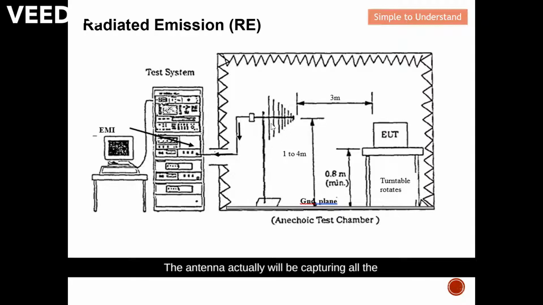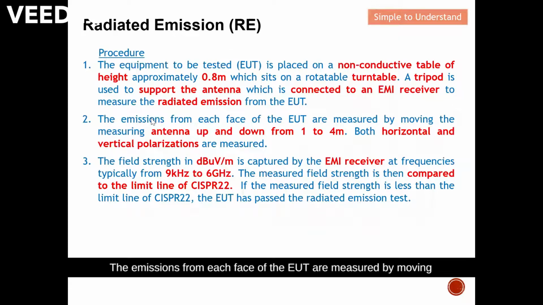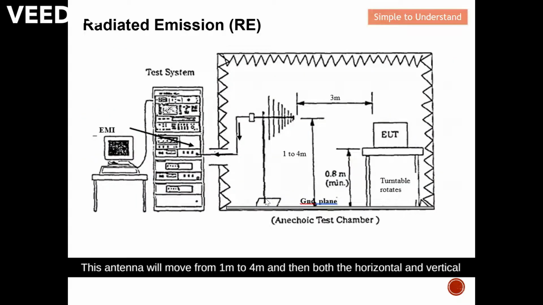So the antenna will be capturing all the electromagnetic wave that is released from the DUT. The emission from each phase of the EUT is measured by moving the measuring antenna up and down from 1 to 4 meters. Both horizontal and vertical polarization are measured. So this antenna will move from 1 meter to 4 meters.